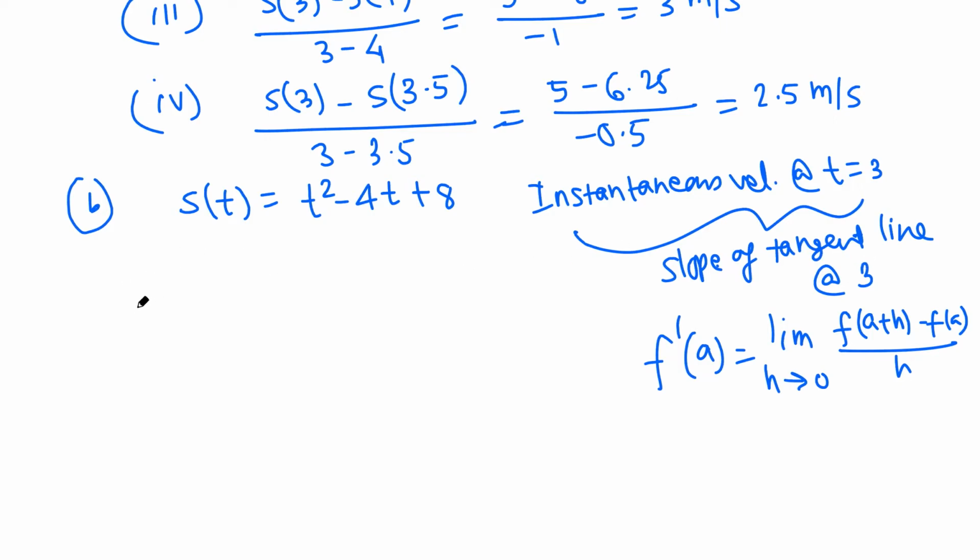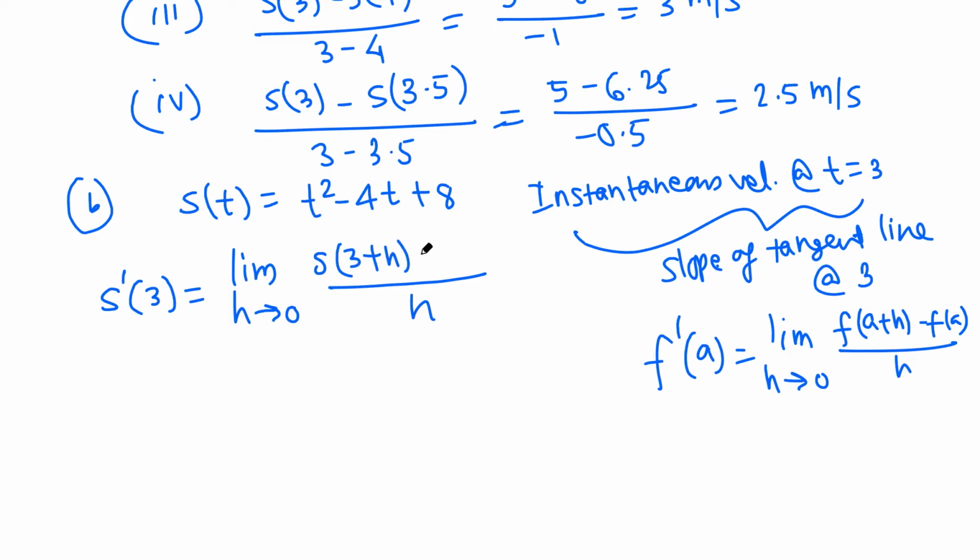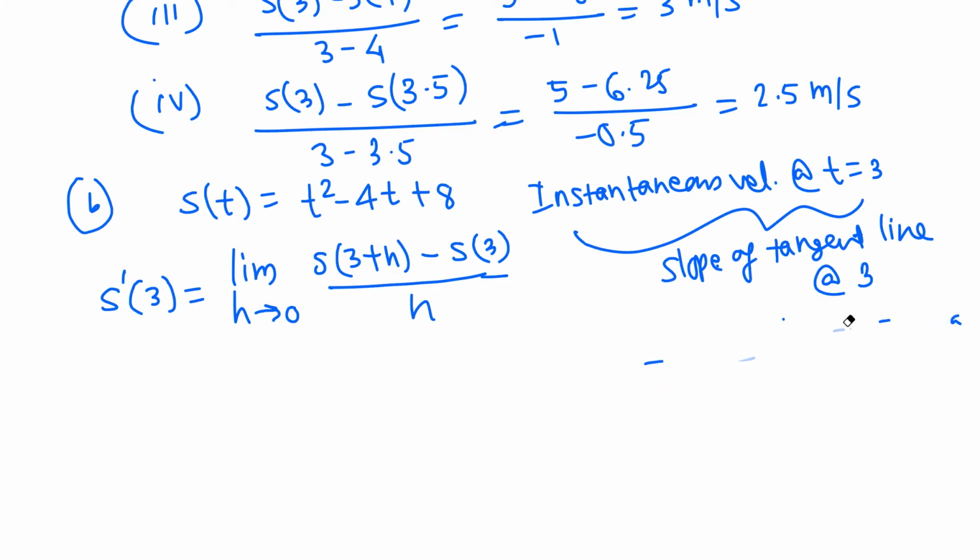So the instantaneous velocity will be s prime at t equals 3, which is the limit as h goes to 0 of s(3 plus h) minus s(3), over h. This is just the modified formula for our case.